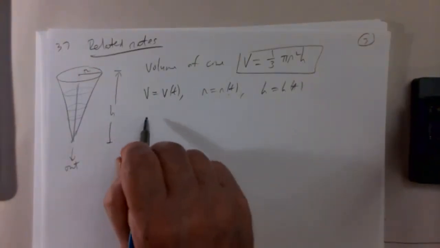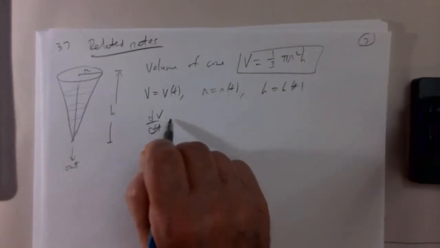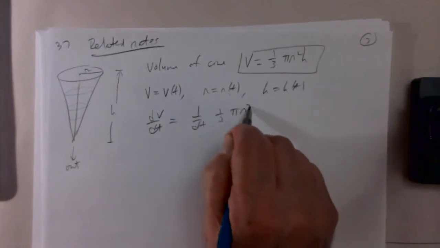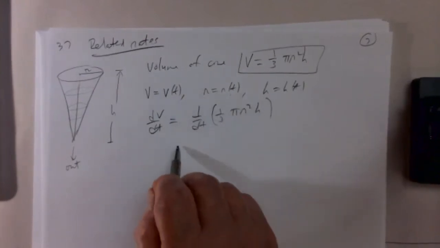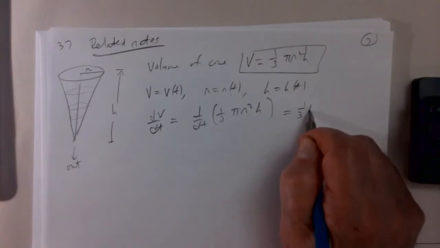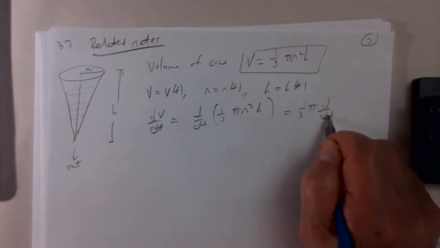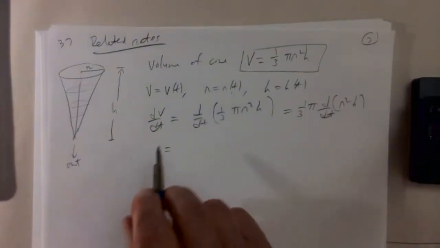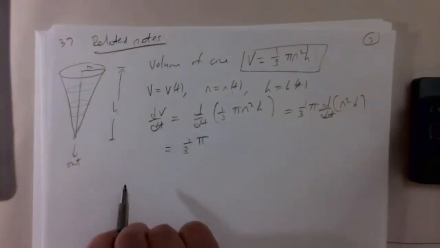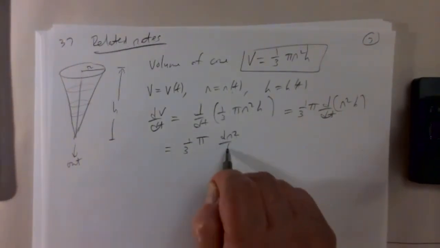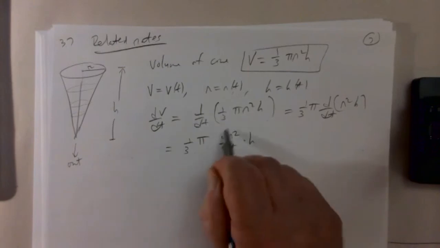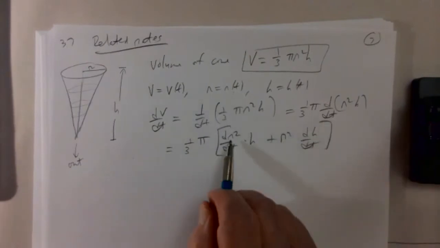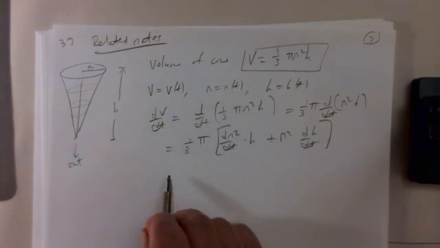And the relationship is the following: dV/dt is the derivative of 1/3 pi r squared h. That's 1/3 pi times the derivative of r squared h. By the product rule, that's 1/3 pi, the derivative of r squared with respect to t times h, plus r squared times dh/dt. And what's the derivative of r squared with respect to t?